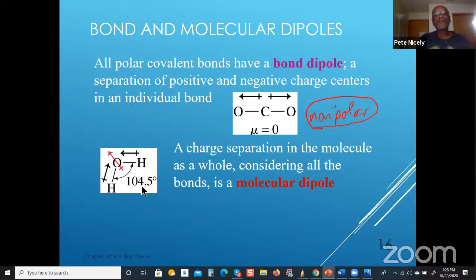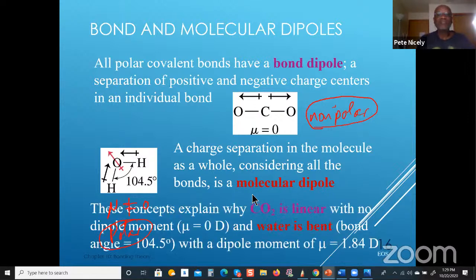So therefore, the net dipole of this molecule is a non-zero value, which means that this molecule is polar. So that explains why the water molecule is polar and the carbon dioxide molecule is not.